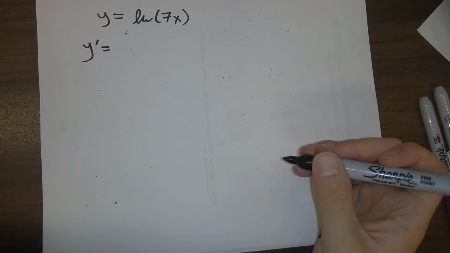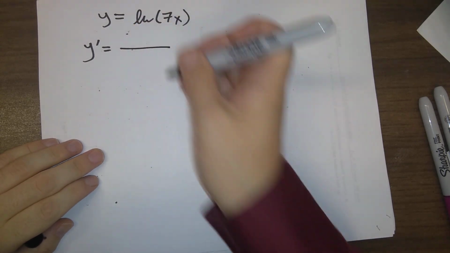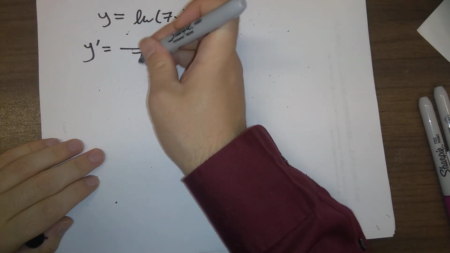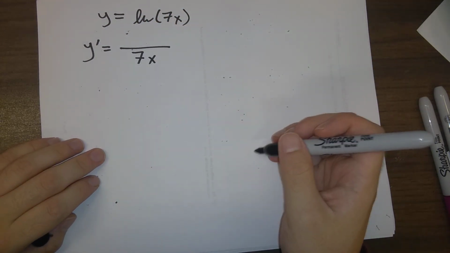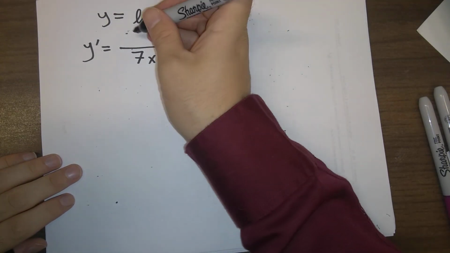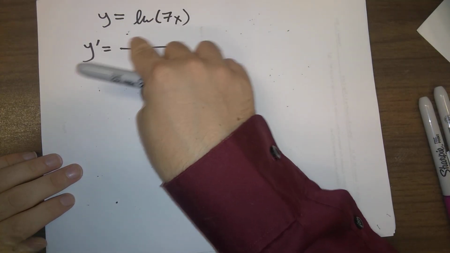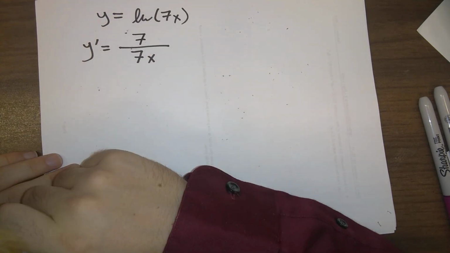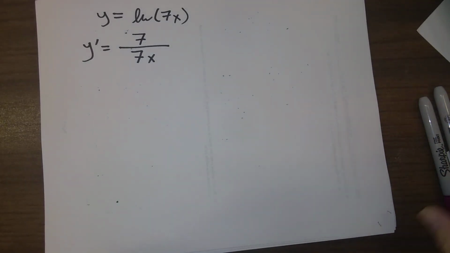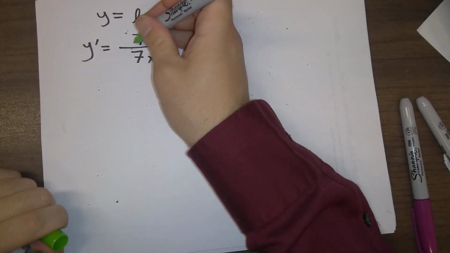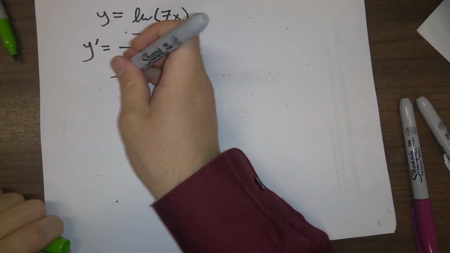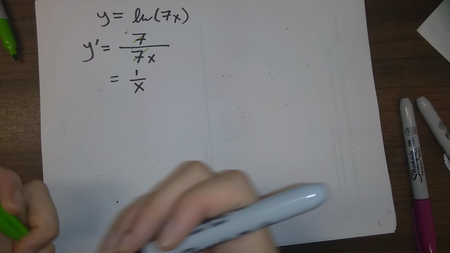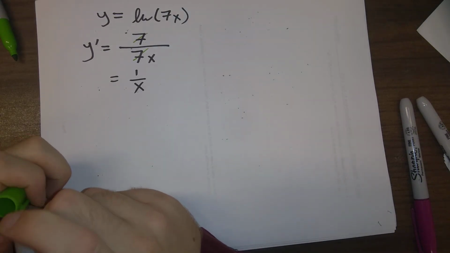So y prime, our derivative rules say the inside function is 7x, so we put 7x downstairs. And the upstairs is the derivative of 7x. The derivative of 7x is 7. And so what happens, we get some cancellation, and the derivative is 1 over x.